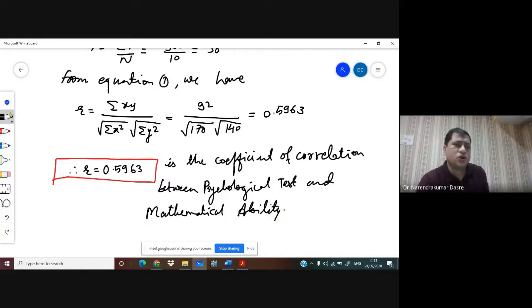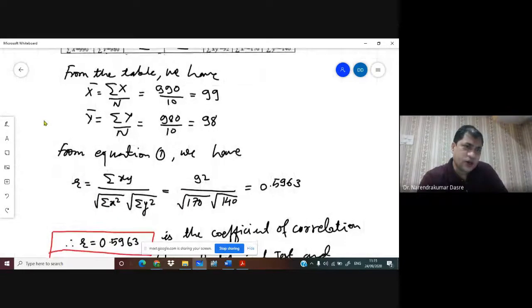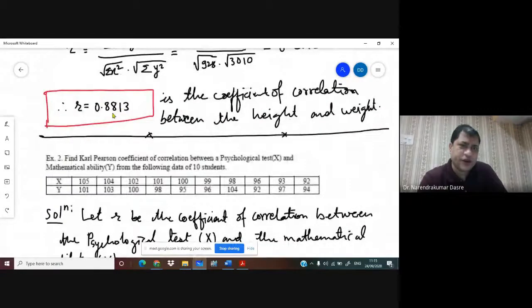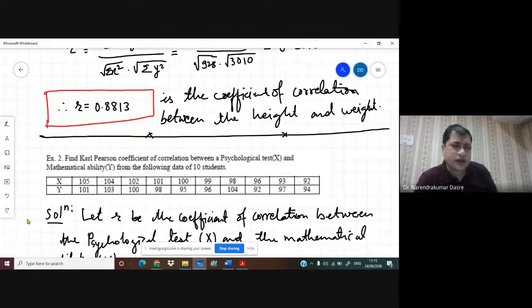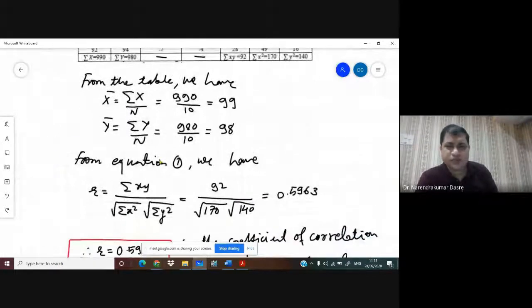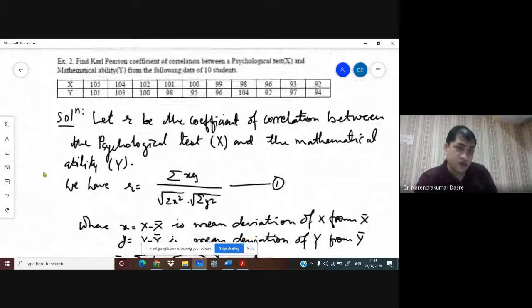Okay, so what this means, what the R means actually. As in the previous case, we obtained R is equal to 0.8813. And in this example, we have obtained R is equal to 0.5963. Okay, so what do these values mean actually, or what is the physical significance of these values?